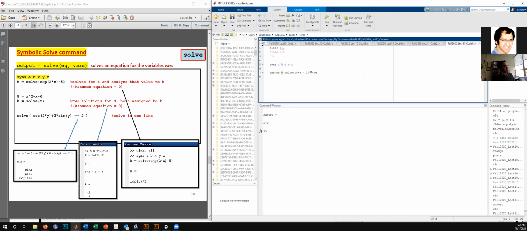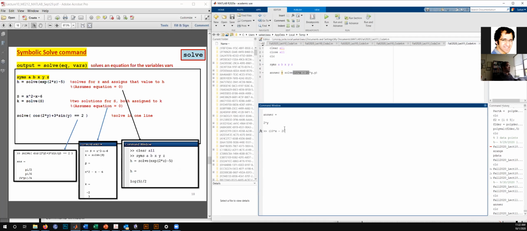The equation that we have is this. If it tries to solve for y, it would take 20y to the other side. So basically it would be x over 2, right? That's what we should get.